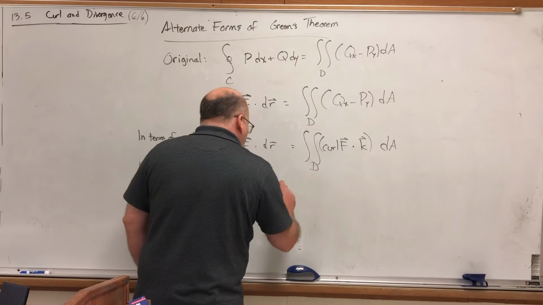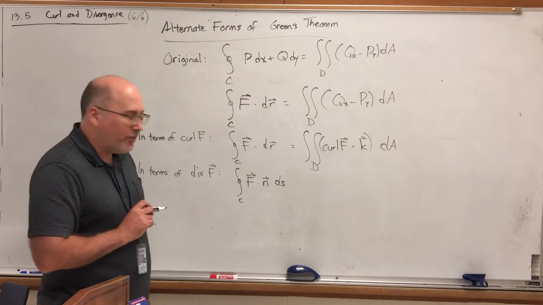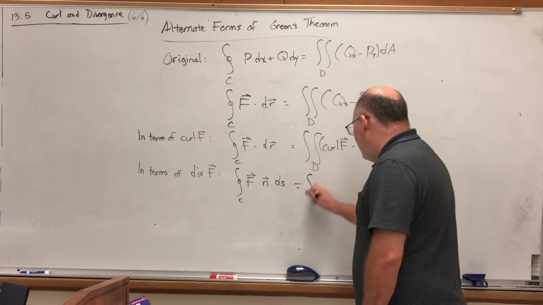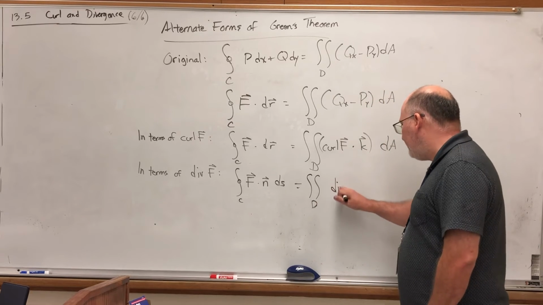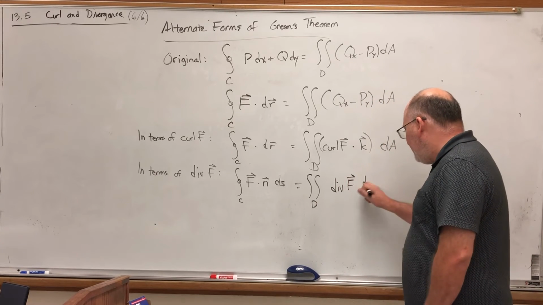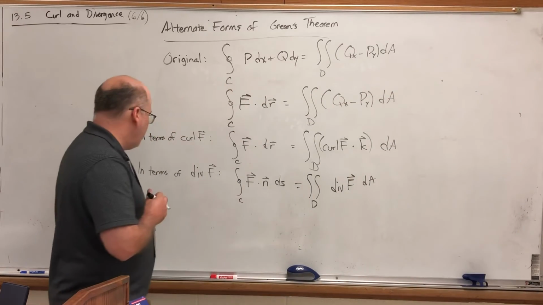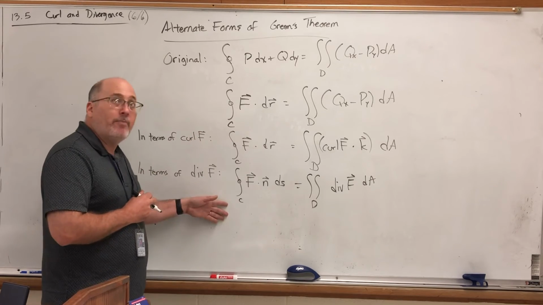And instead of dr, it's ds, so you're integrating with respect to the arc length parameter, so it's a different setup. Then that's equal to the double integral over the region D of the divergence of F dA. And again, it's a little bit more of a transition from the curl version to this version because the line integral is also represented differently.